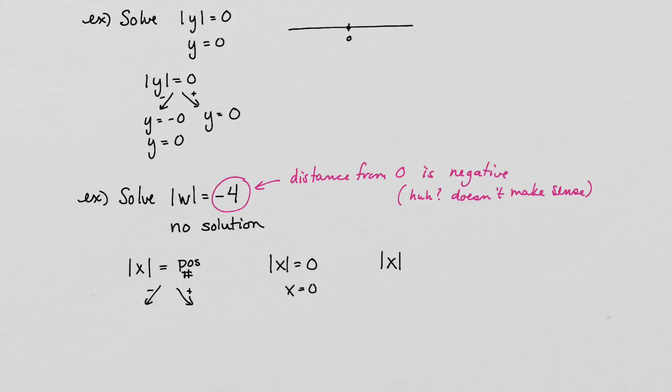And if you have the absolute value of x being equal to a negative number, I guess I'll use the number sign, then this is the place where you get no solution. So every absolute value problem kind of falls into one of these three categories. Either you're splitting it up like I did here to get two solutions, you just have x equals 0, or whatever your variable is equals 0, or you have no solution.